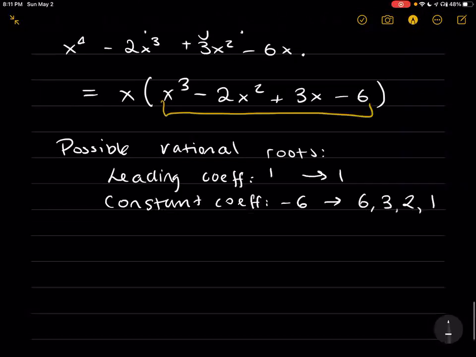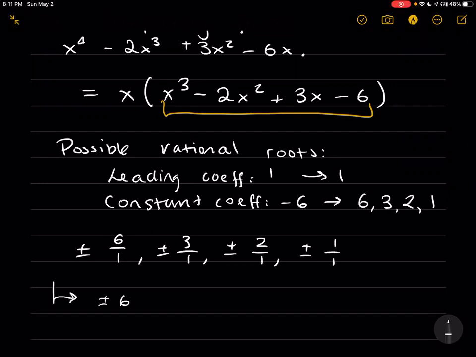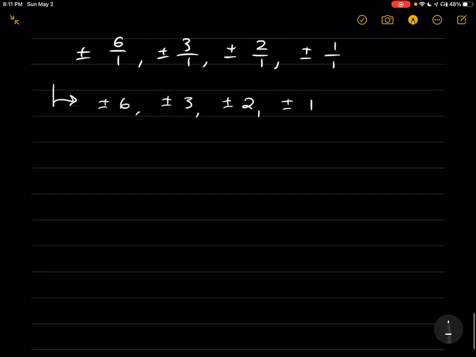Okay, so now if we write out all the possible rational roots, we have constant coefficient over leading coefficient. So we have plus or minus 6 over 1, plus or minus 3 over 1, plus or minus 2 over 1, and plus or minus 1 over 1. If we simplified these, this would be plus or minus 6, plus or minus 3, plus or minus 2, plus or minus 1.